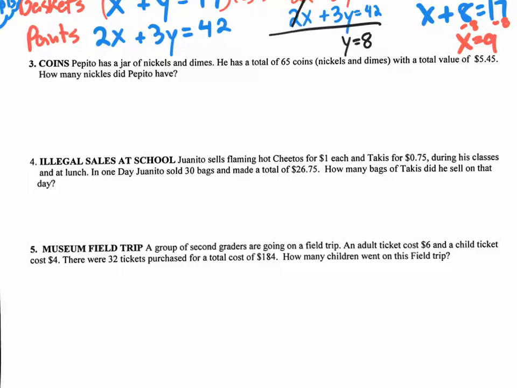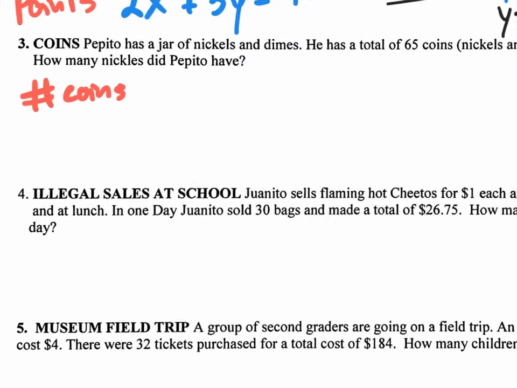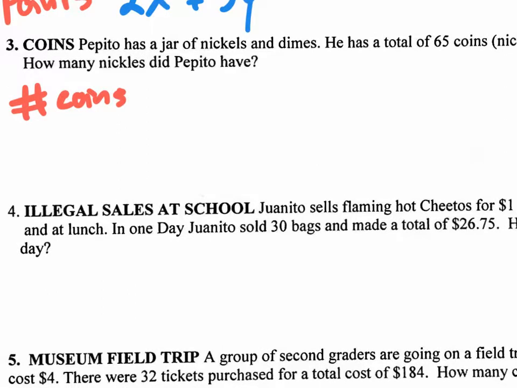So let's start first with an equation based on nickels and dimes. So based on the number of coins, yeah? So how many coins are there? 65 total, right? So it says up here, total is 65. So I know that I have a total of 65 coins, making an equation on the number of coins. Now the question is, do we know how many nickels?